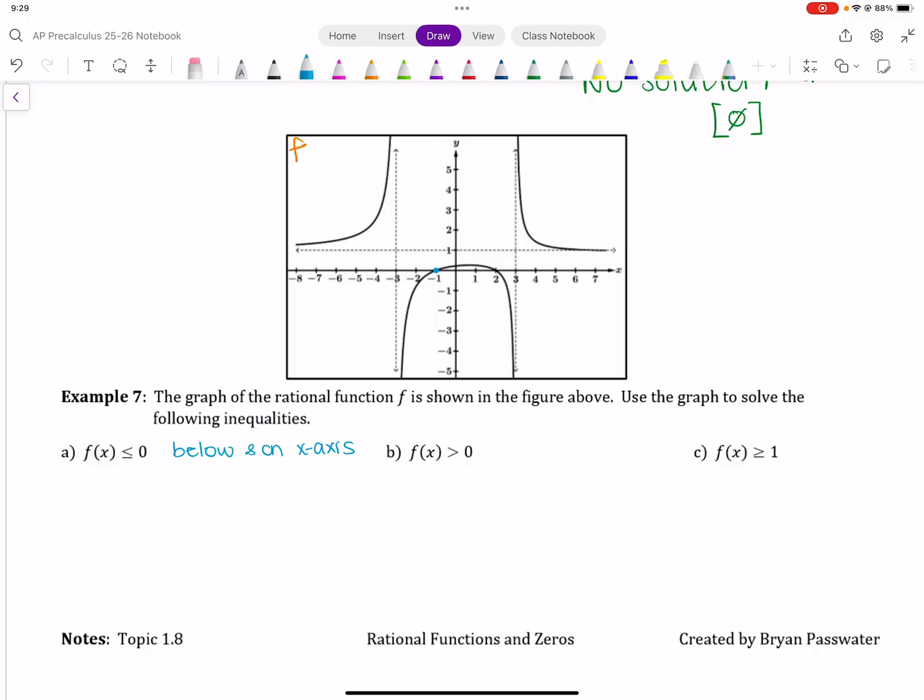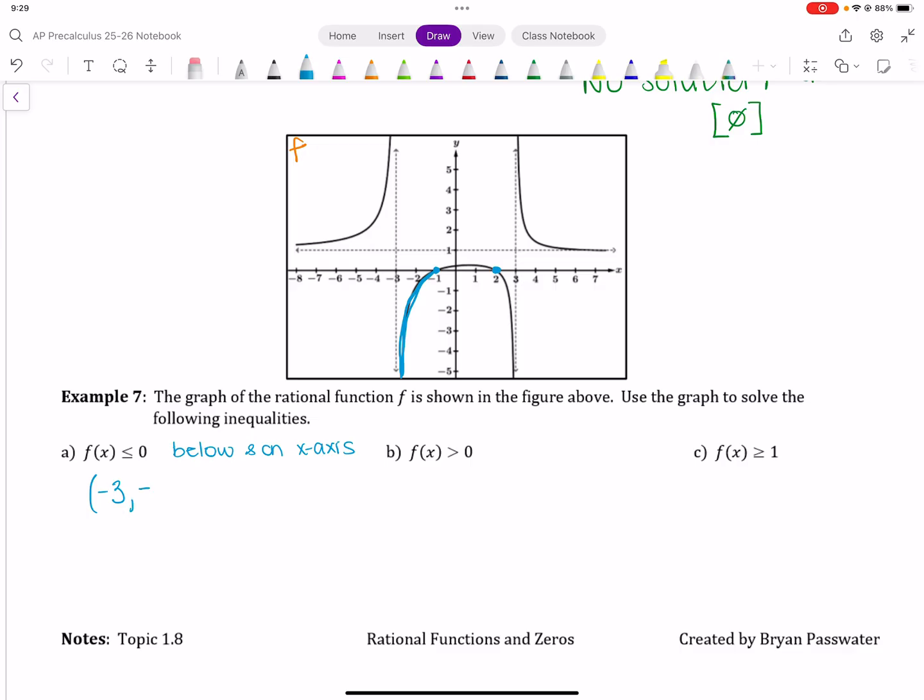So identifying our zeros first at 1 and 2, and then looking at where we're below the x-axis, so the left side of -1, until you reach your vertical asymptote at -3. But because that's a vertical asymptote, we will never actually get to -3. So we will use a parenthesis.